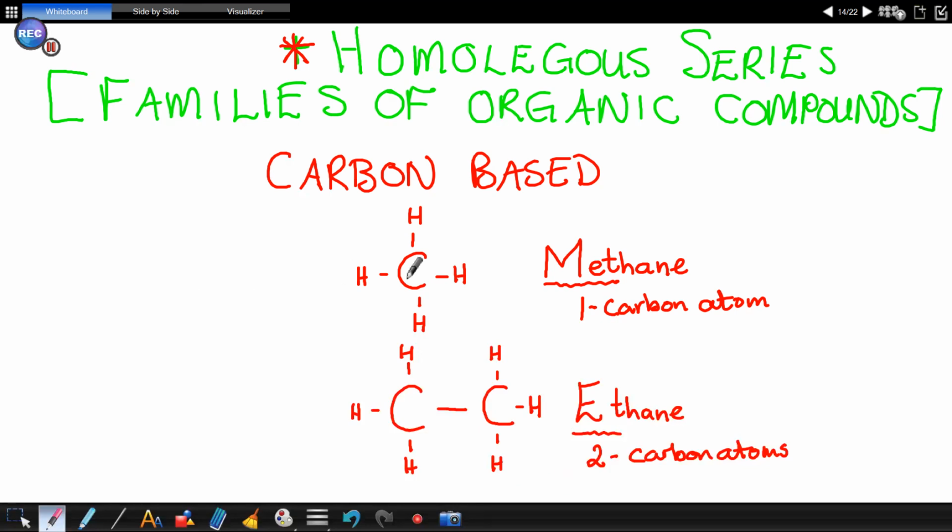Okay. This is called a structural formula. So these 2 things are called structural formulas.